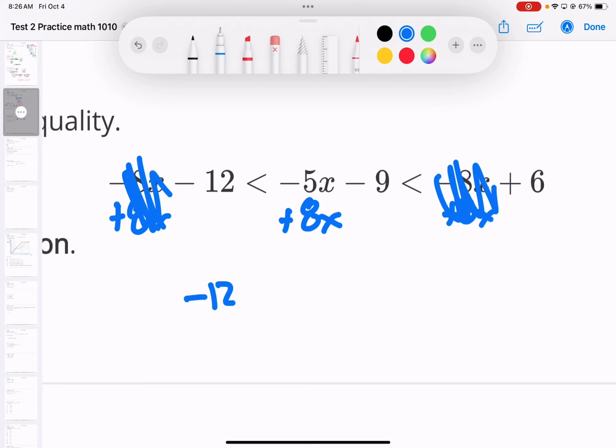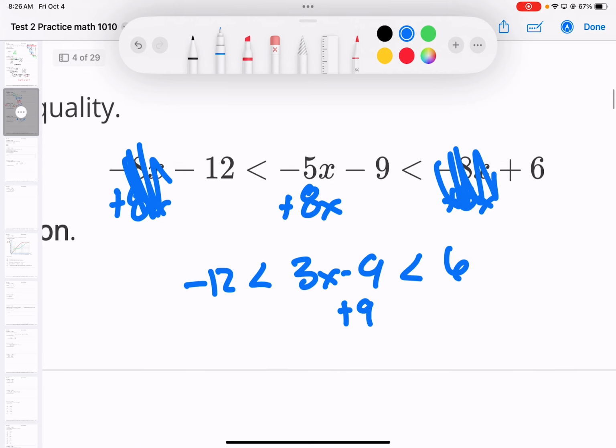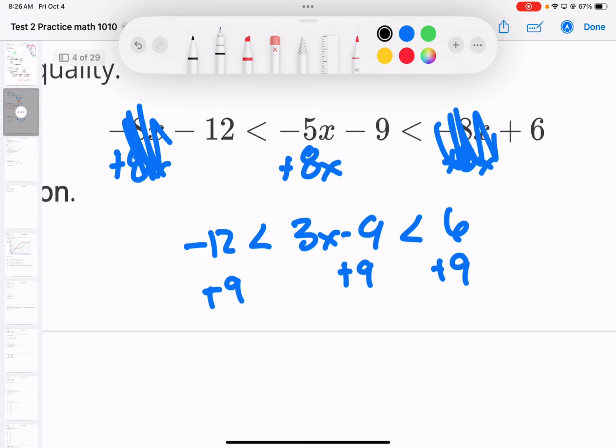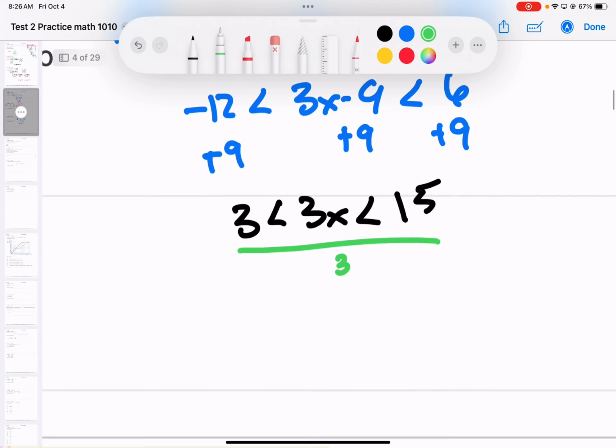So I got negative 12 is less than 3x minus 9 is less than 6. And then I'm going to add 9, add 9, add 9. So we got 3 is less than 3x, which is less than 15. And divide everything by 3. It's going to give me 1 is less than x, which is less than 5.